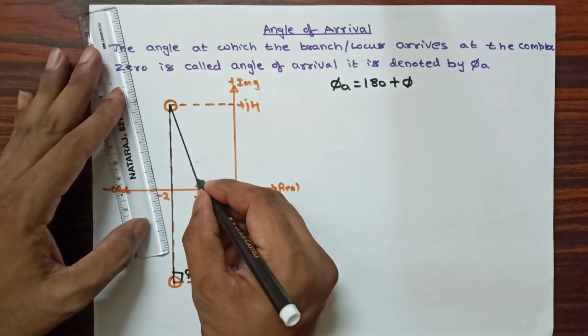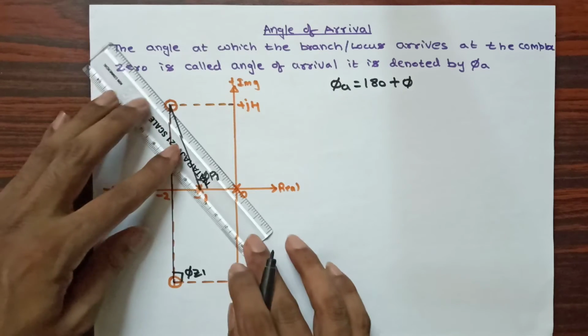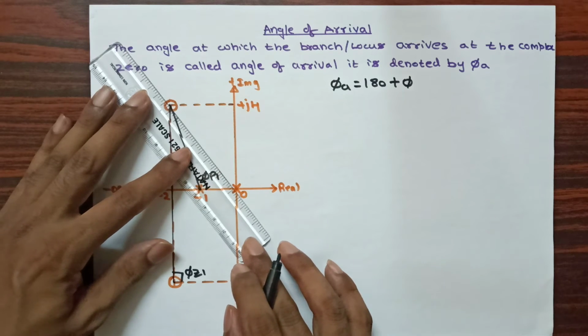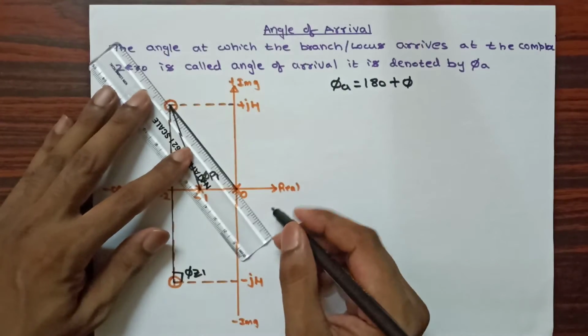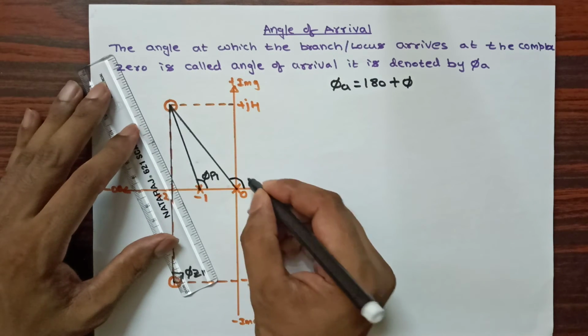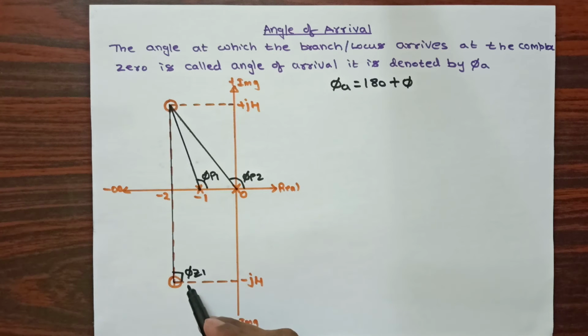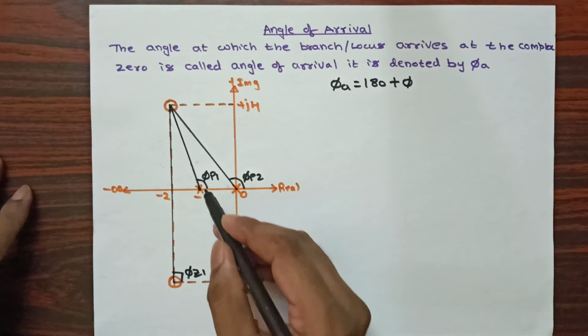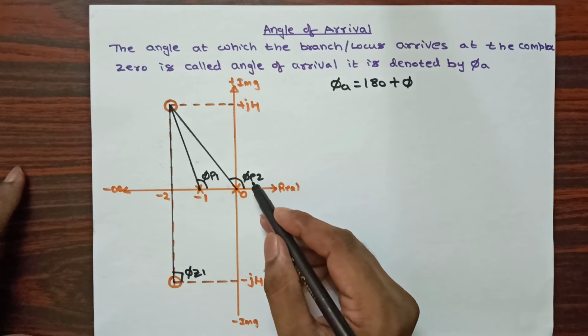From this I am going to get the first pole angle, that is phi p1, and I am going to join this second pole towards this point. Then from this I am going to get the second pole angle, that is phi p2. Here I got first zero angle phi z1, at this point I got first pole angle phi p1, at this point I am going to get second pole angle, that is phi p2.